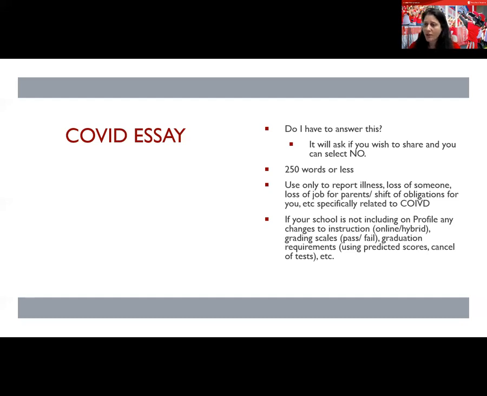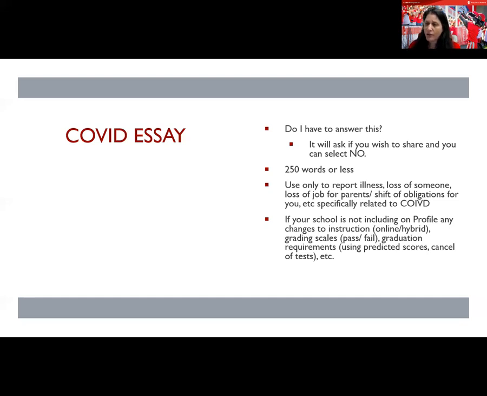The other thing that you may wish to include is if your school is not including any kind of information on the profile about changes to instruction, meaning if you're hybrid, if you're online, any grading scales that might have changed, pass-fail classes, any graduation requirements that might have changed, if you're using predicted scores, canceling of any classes.